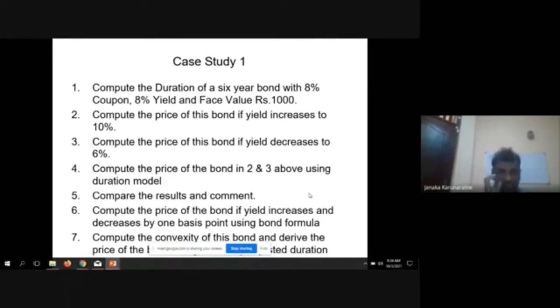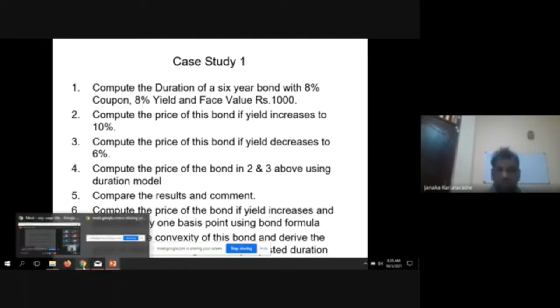So we were looking at this particular question. I think we did question number 6: compute the price of the bond if yield increases by and decreases by 1 basis point. Have we done it? I think that part we did. Didn't we discuss that part? Yes, sir, we discussed.